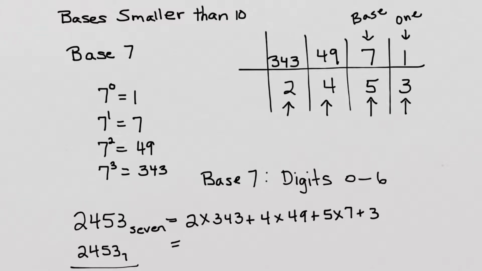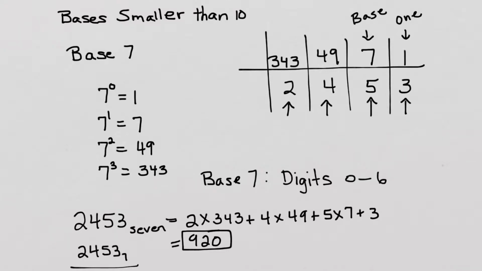Okay, so I'm going to pause this for just a sec while I find out what that is equal to. Okay, so I just put that into my calculator and I got the number 920. So 920 is my number in base 10. I don't have to write the little 10 there.